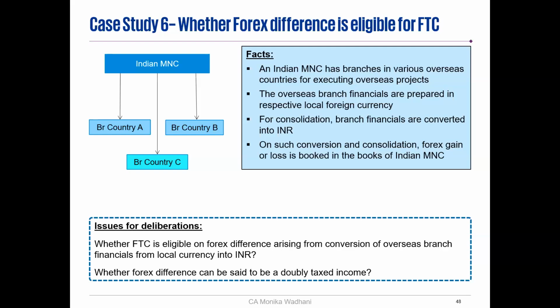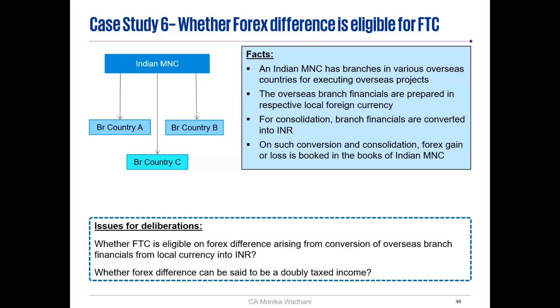So friends, as per the accounting standards, there are different mechanisms. One says you have to convert Forex transactions on a daily basis. Another says you have to take the year-end rate and then convert. Generally in practice, what I have seen with many clients is that branch books are converted on the year-end basis at the closing rate.